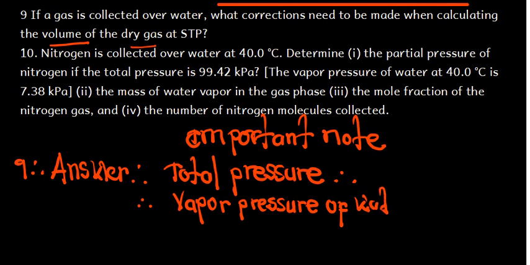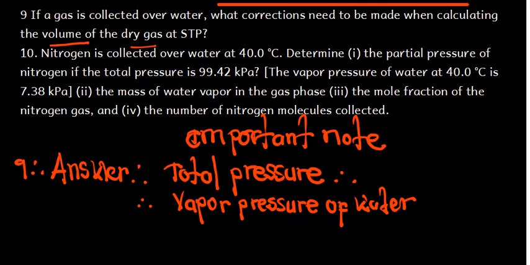Because what we're saying here is from the total pressure that is residing at that particular point where the gas is, you're having some vapor pressure of water residing at that particular point. So to find out the volume of the dry gas that is present there, we need to first of all find out what is the total pressure of the entire gas.